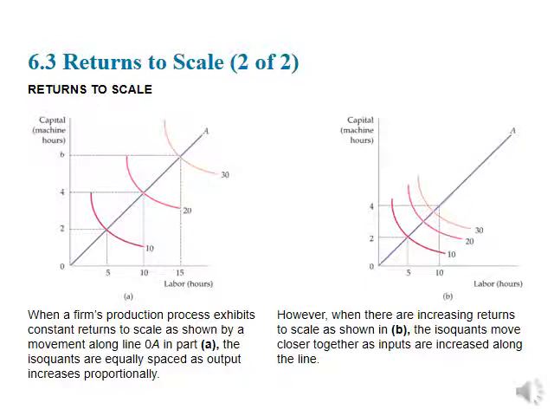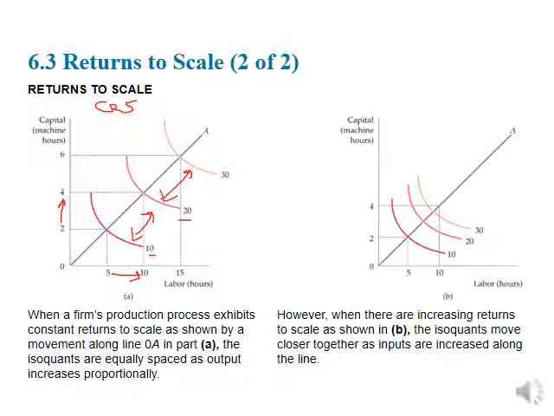In figure A, what we see here is the firm experiencing constant returns to scale. To go from 10 units of output to 20 units of output, we need to double our labor and double our capital. You'll notice that the isoquants are evenly spaced because output is increasing proportionally.